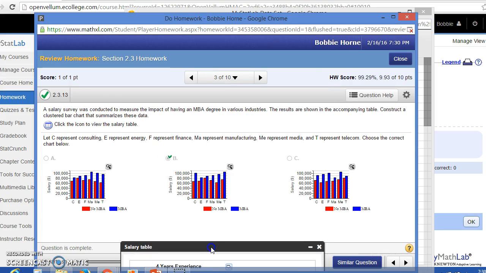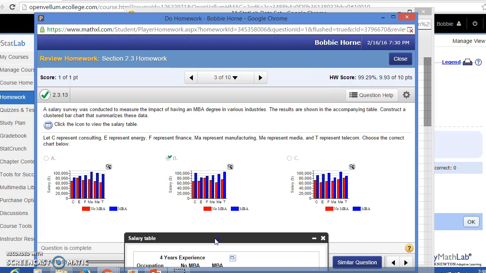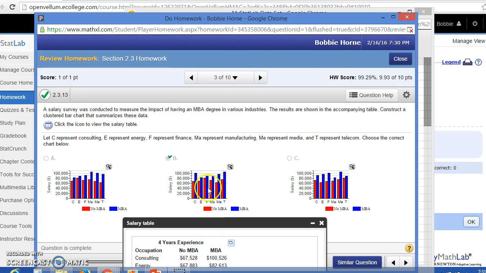So let's just look at our bar charts. I'm going to look for 100,000 for the MBA. Answer choice A does not have 100,000, so you can automatically look at B and tell that it is 100,000 for MBA.